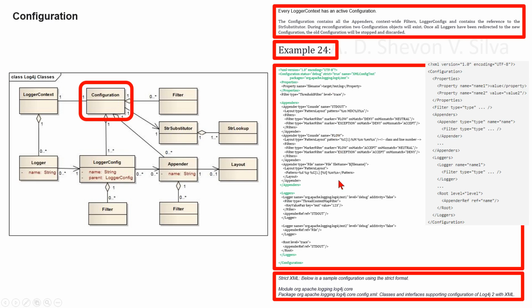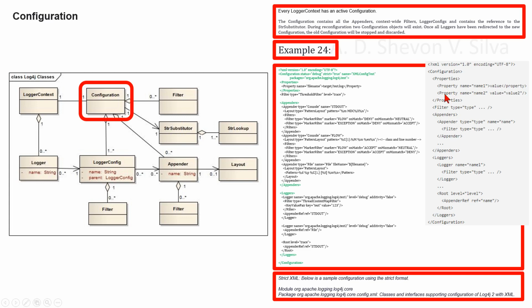In addition to the concise XML format before, Log4j allows configuration to be specified in a more normal XML manner that can be validated using an XML schema. This is accomplished by replacing the friendly element names with the object types as shown here.